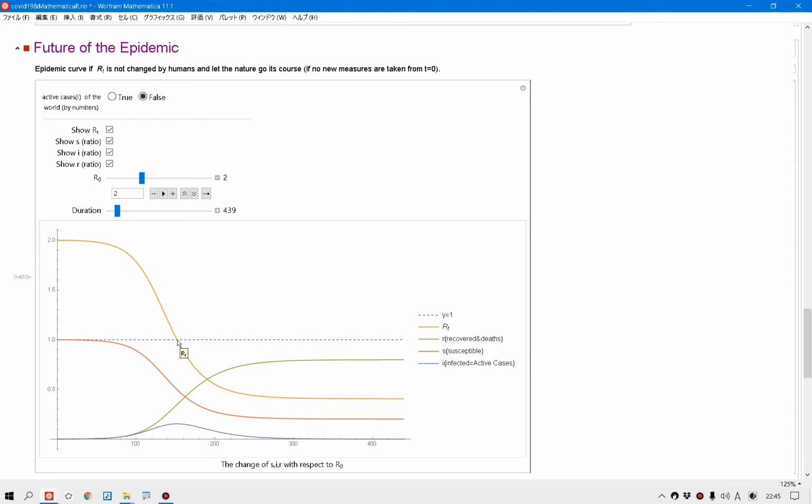So if RT is 1, dI/dt equals 0. That is, it's the peak of infected. So this point is just below this intersection. And the ratio of infected is about 15%. You can see it by numbers.